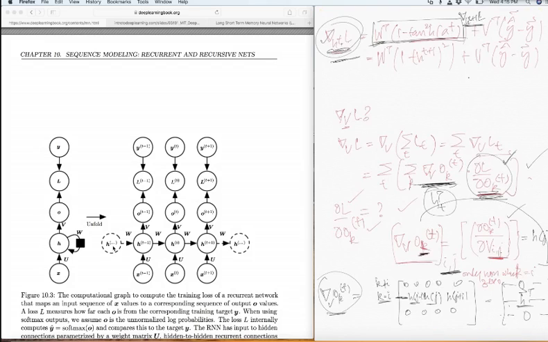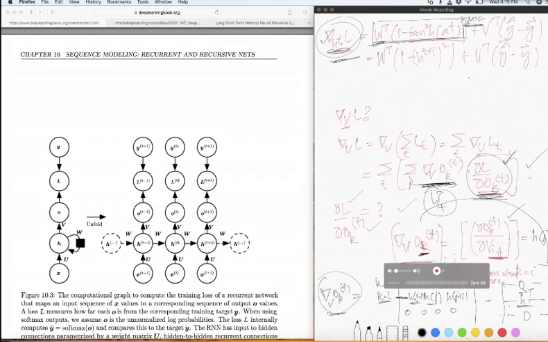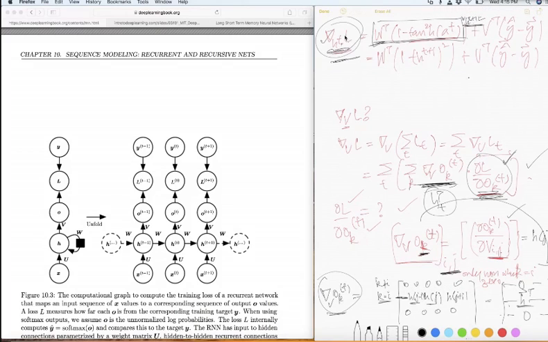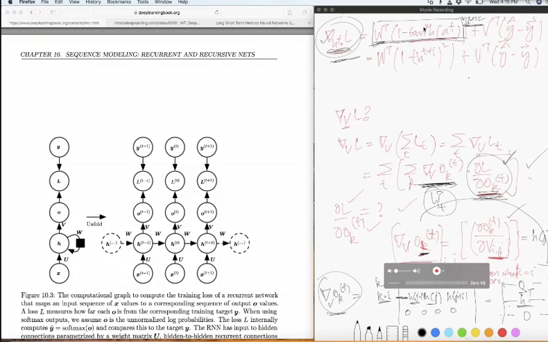So you have this equation in front of you. That's the key equation, which links gradients at the last timestamp with the gradients at the first timestamp.